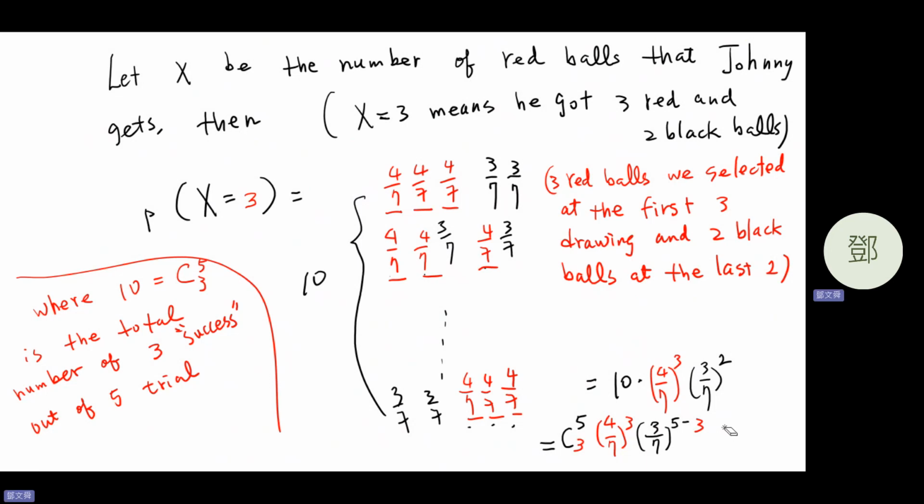So let us generalize. Probability X equal 3 is 5 choose 3, times 4/7 to the power 3, times 1 minus 4/7 to the power 5 minus 3.